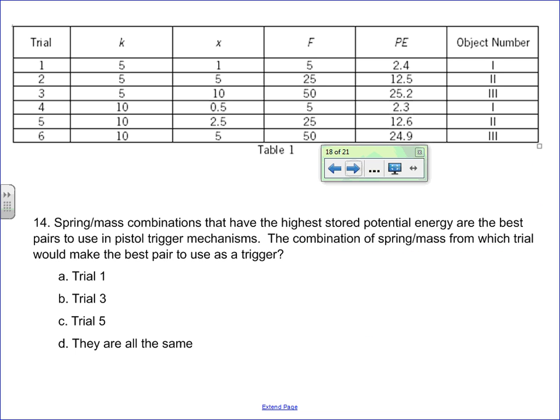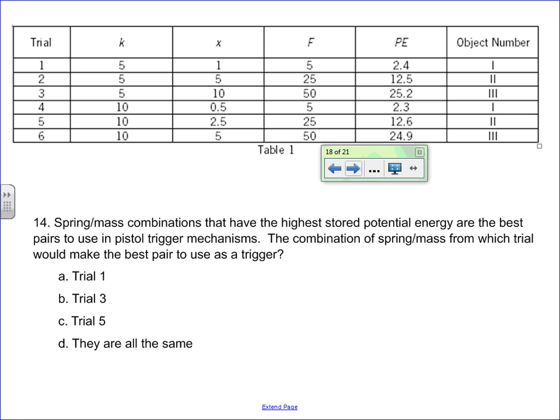Delightful. Number 14. Spring mass combinations that have the highest stored potential energy are the best pairs using pistol trigger. That combination of spring mass from which trial would make the best pair to use as a trigger? Now this one's tricky, because we're not looking for mass and we're not looking for a spring. What are we looking for? A potential energy.